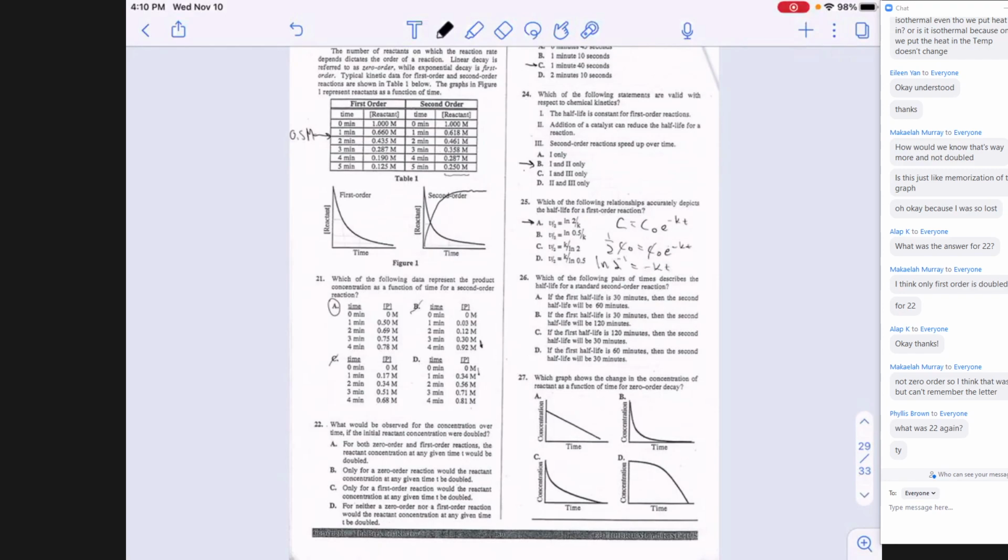Bring the negatives over, and you'll see that kt is equal to ln of 2. We get rid of the negatives because that negative 1 gets brought out in front, and that negative cancels out with the negative. So then t becomes ln of 2 all over k. That's all we did for 25.